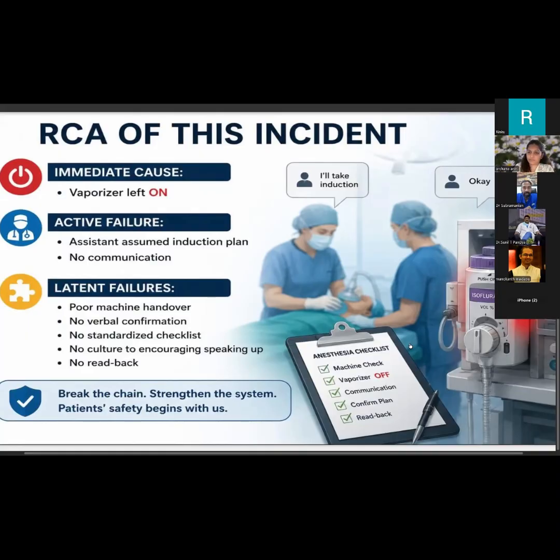Going deeper, the latent system failure becomes apparent. There was no standardized verbal confirmation of machine status, no closed loop communication, and assumptions replaced verification. Probably the assistant did not feel psychologically safe enough to question the anesthesiologist, which is very common in our setup. Here we see how multiple safety barriers have failed simultaneously.